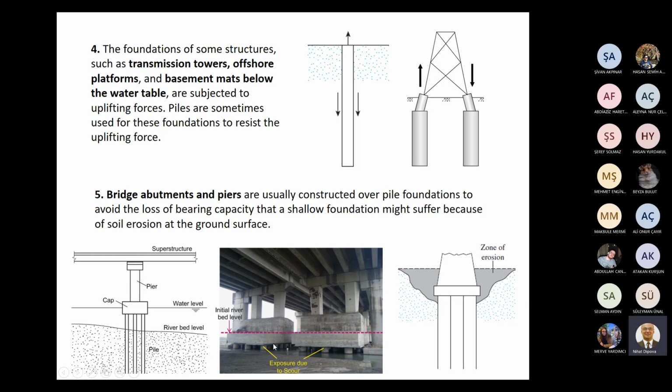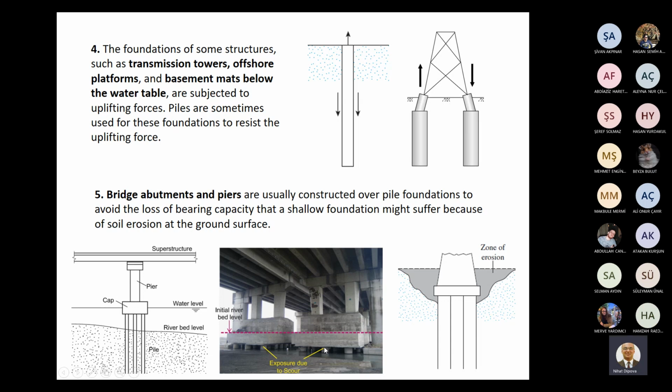For example, in these two figures, actually the middle one is a picture, possible scour erosion is avoided, or effects of erosion are avoided by using pile foundations. These are the top portion of pile foundations combined with a cap layer.